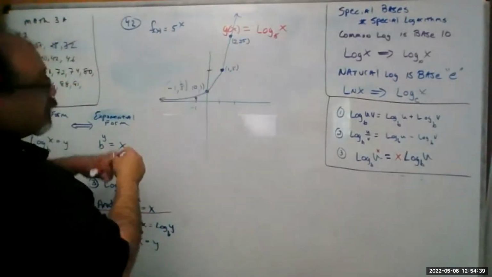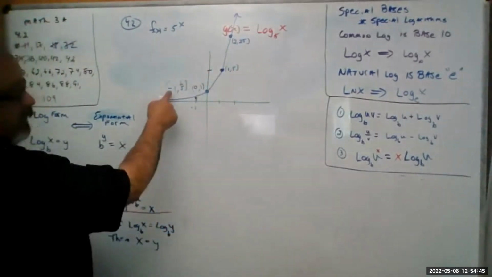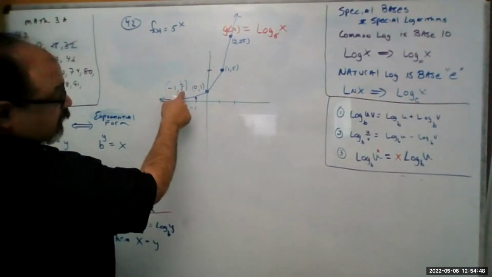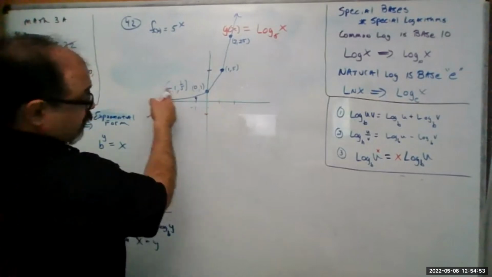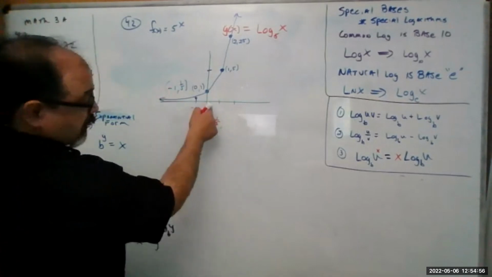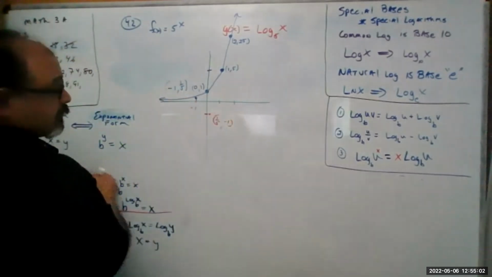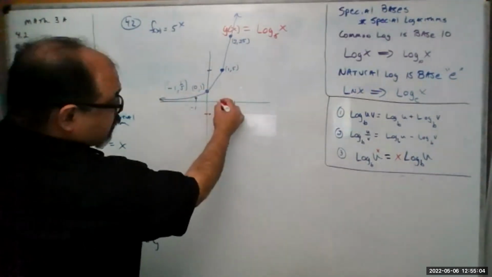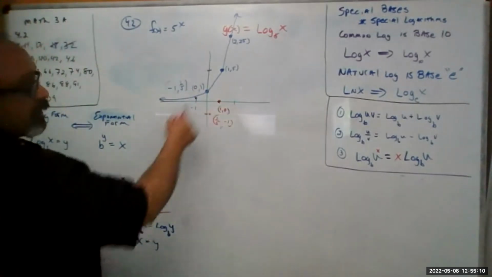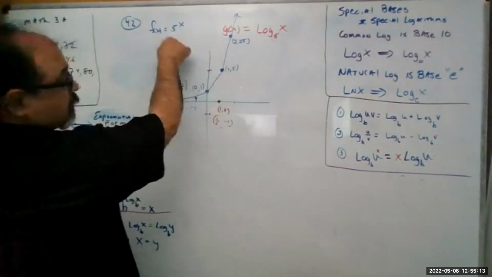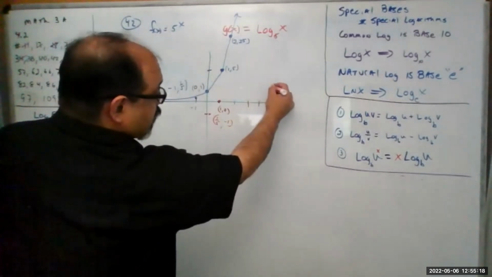So for the logarithm, we switch these ordered pairs. Instead of (-1, 1/5), you're going to have (1/5, -1). 1/5 is your x, -1 is the y. You switch the ordered pairs right about there. If this is (0, 1), then (1, 0) is going to be on the logarithm, the inverse function. If (1, 5) is on 5 to the x, then on the logarithm it's going to be (5, 1).